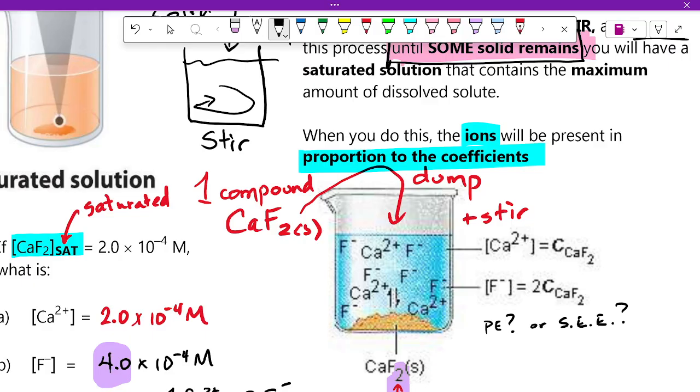We write the precipitation equation when we mix two compounds to get a new compound, which is the precipitate.